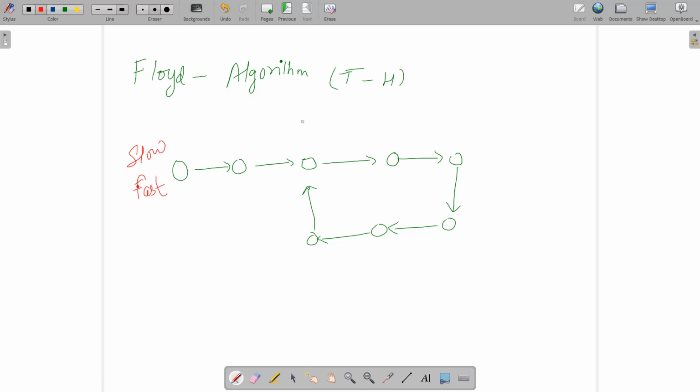So Floyd algorithm says that whenever we have two pointers, slow pointer and fast pointer, and the fast pointer is moving at 2x speed with respect to the slow pointer.